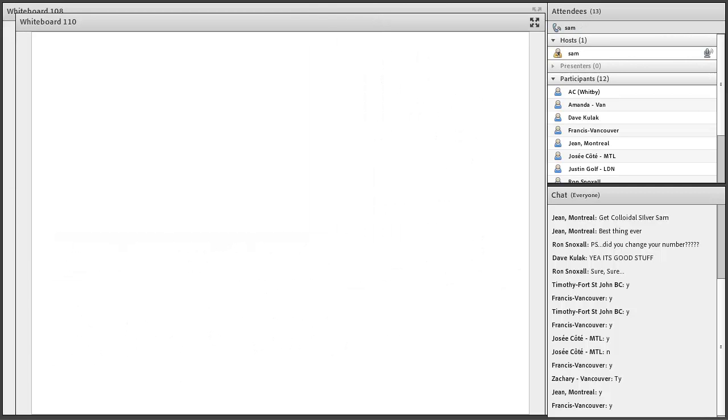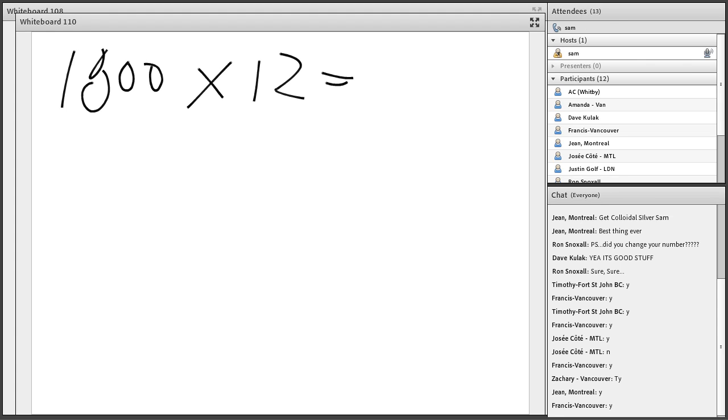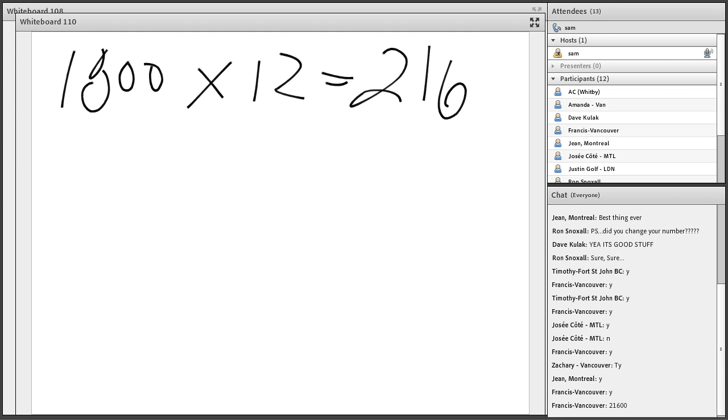So let me give you an idea of reversing the GRM. Let's say the rents are $1,800 a month. $1,800 a month times 12 equals what? 1,800 times 12 equals 21,600.